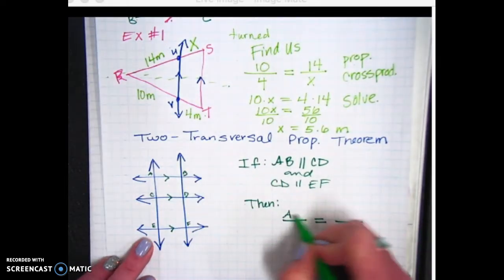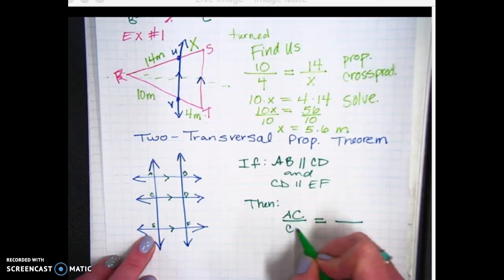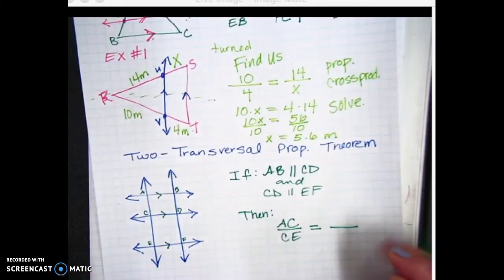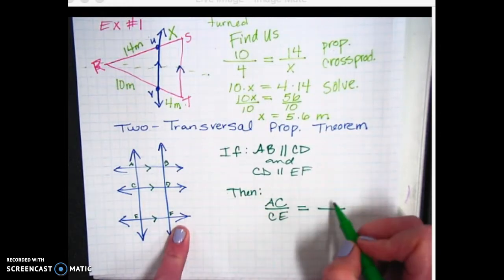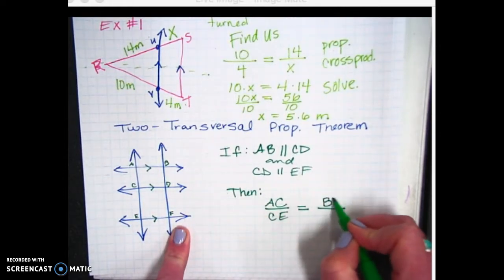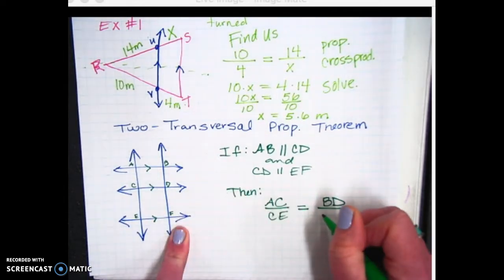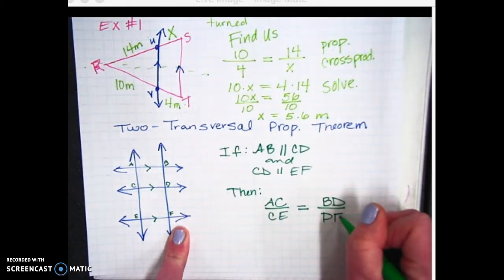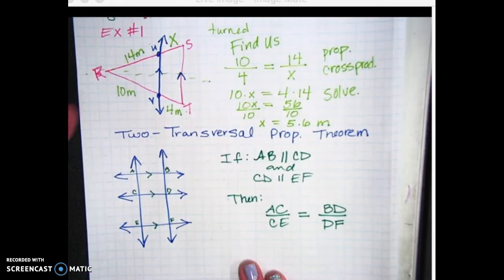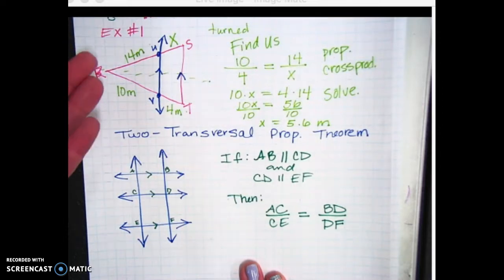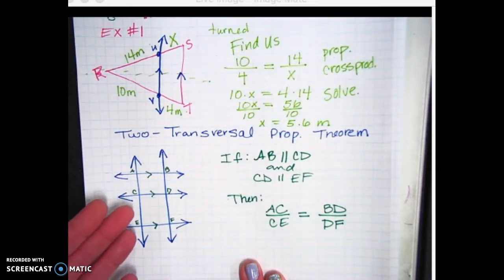So we're going to say that AC over CE, and then on the right, the top portion becomes the numerator, which is BD, and the bottom portion becomes the denominator, which is DF. Okay? So it's pretty much the same as the triangle proportionality theorem, it's just not with a triangle. It's with just lines, okay?